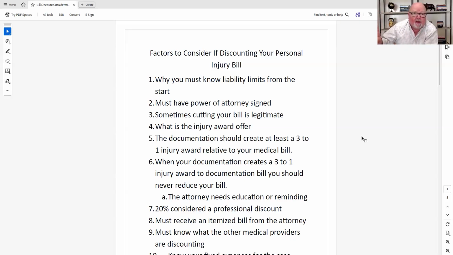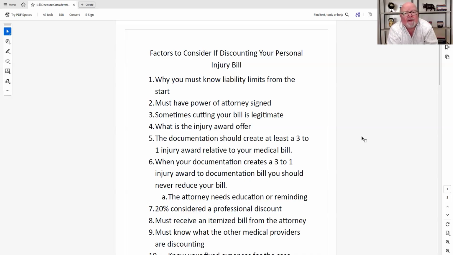Number two, your documentation. Do you have the strength of documentation, especially is there a permanent impairment? That's like a marker in the sand. If there's a permanent impairment, you should definitely be getting a 3-to-1 injury award, or you've got a weak attorney, or the money's not there. One of those factors is going on. So I'm going to pay attention to number one, is the money there?